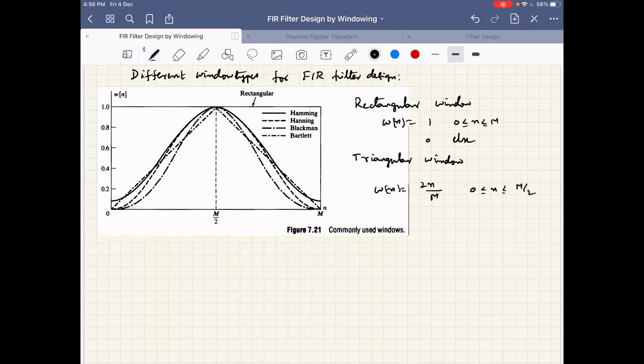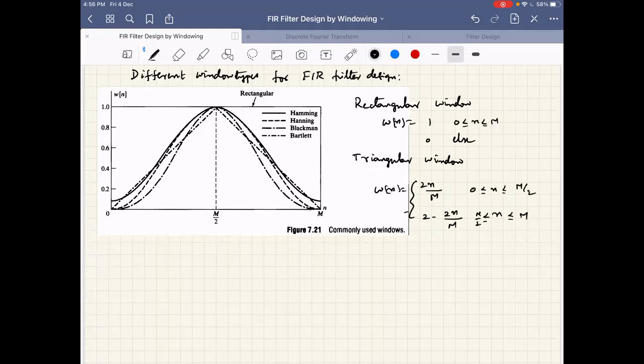That means it reaches a value of 1 at M by 2, and is equal to 2 minus 2n by M for n greater than or equal to M by 2 up to M.